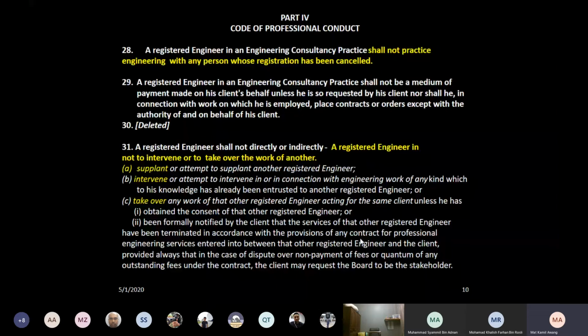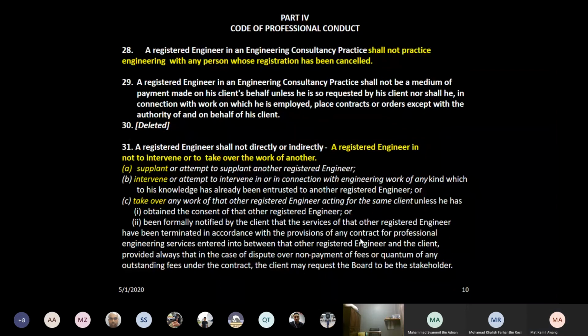C, take over, ambil alih any work of that other registered engineer acting for the same client, unless he has obtained the consent of that other registered engineer. Basically, you cannot ambil alih kerja yang sedang dilakukan oleh other registered engineer, kecuali dia dah bagi kebenaran.